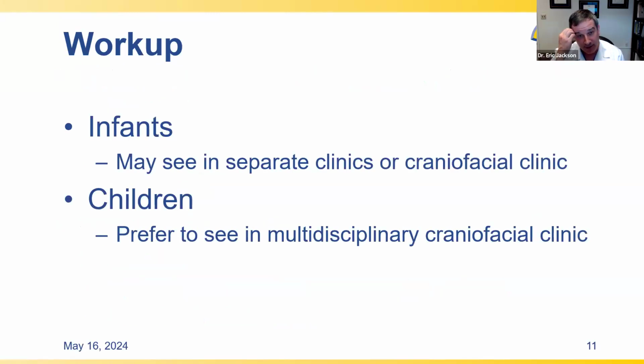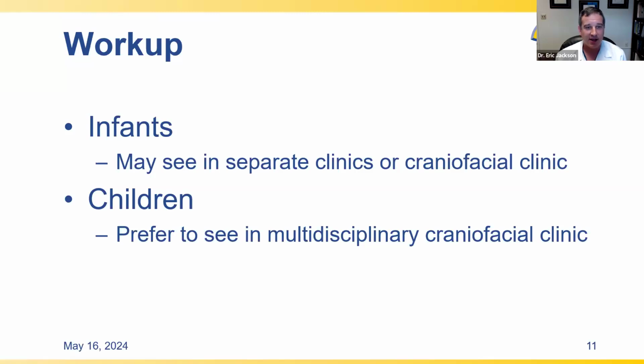In terms of workup, at least the way we do things here, we'll get into timing a little bit later, but obviously there are different timings for surgery and different procedures that can be done at different times. And especially in infants, there can be a time sensitivity. And our craniofacial clinic is not as frequent as our regular clinic.